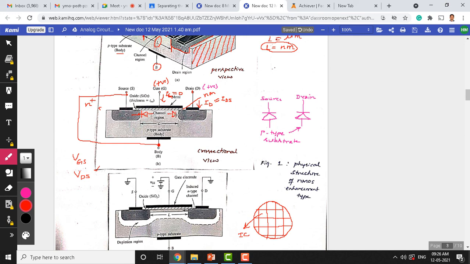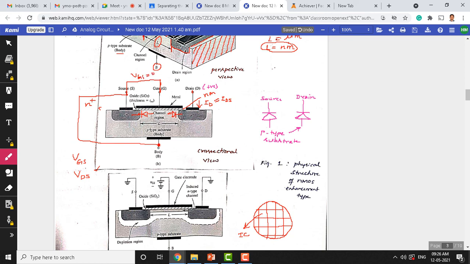We are not applying any gate voltage, so Vg is made 0. Let me write here: the gate source voltage, between these we make a short circuit. So this is VGS equals 0.